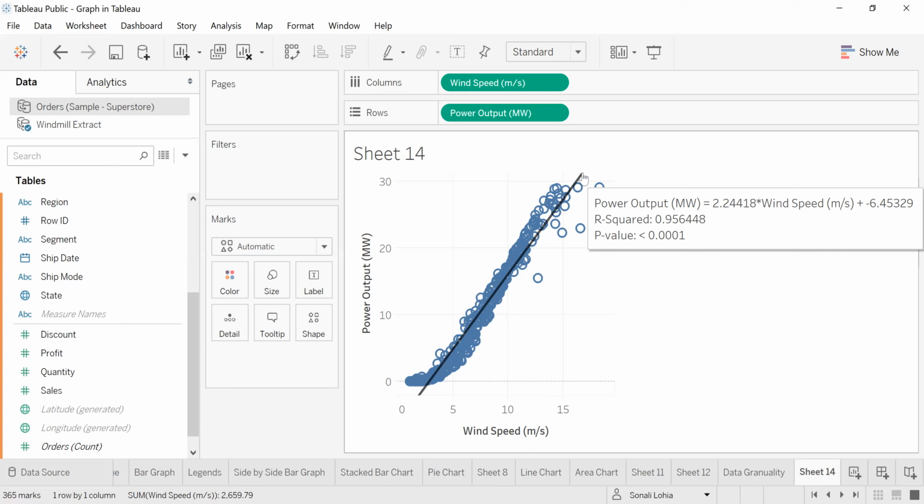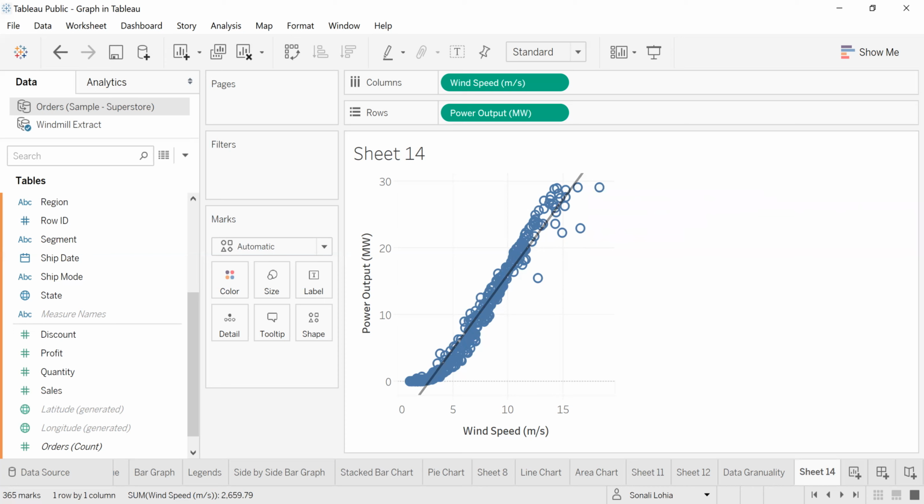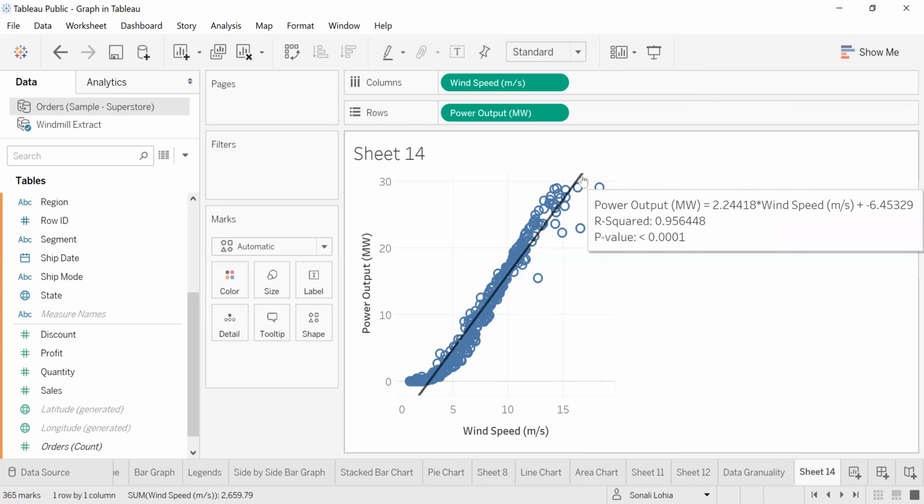So 2.24418 is the slope, and slope tells you the direction. So I can see the direction here is positive. And what value will tell you the strength?